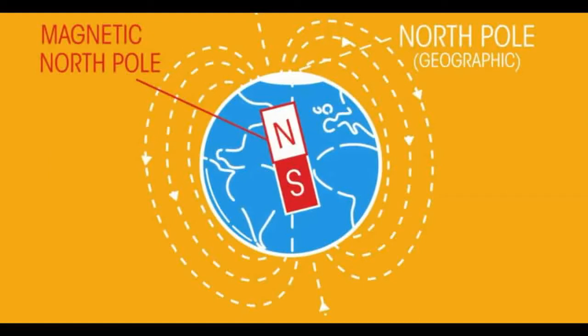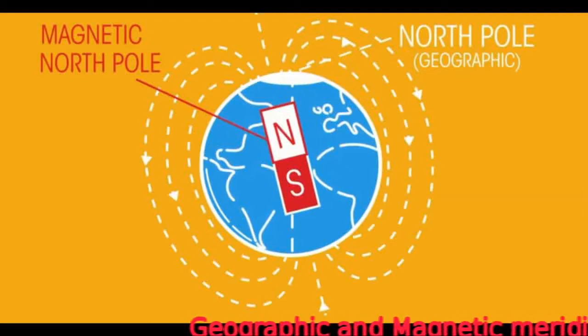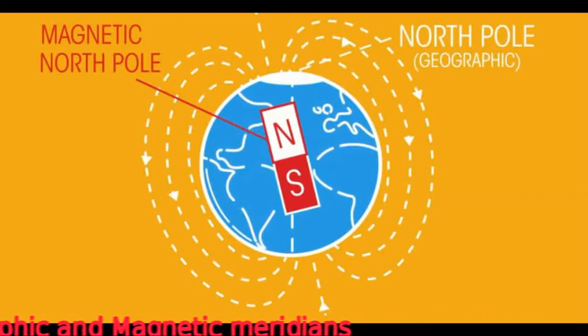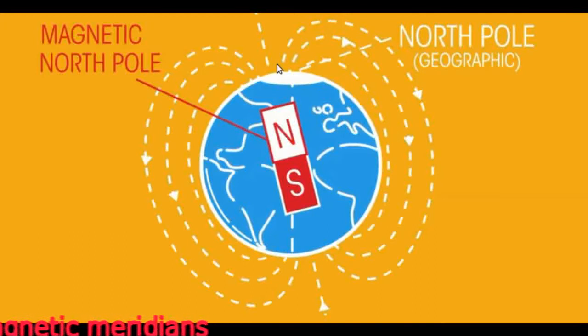So in short, Earth's magnetism protects us from highly charged particles from the sun, called solar wind, and also from cosmic rays. And this is the magnetic North Pole, and this is the geographic North Pole.